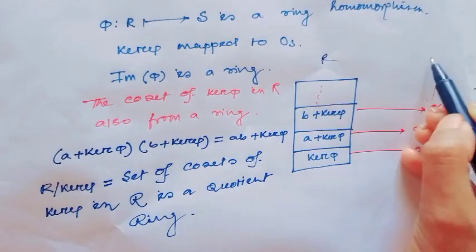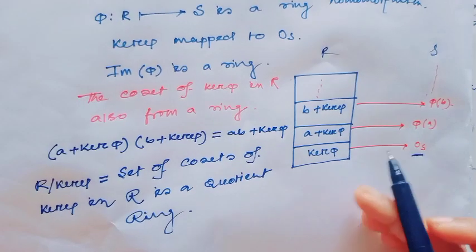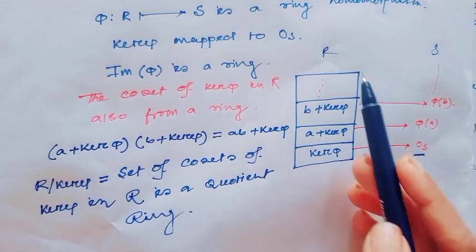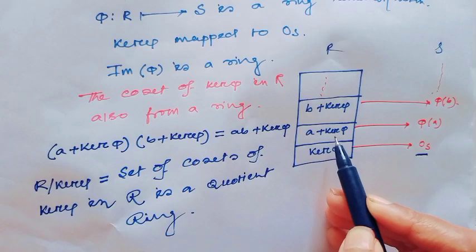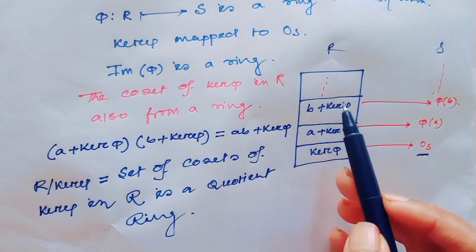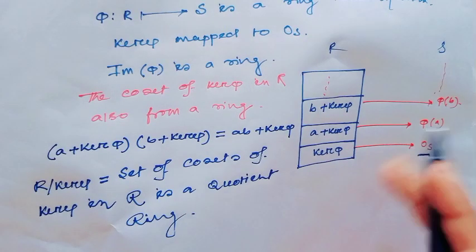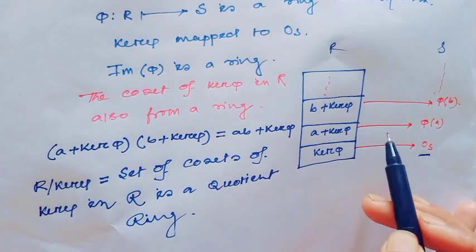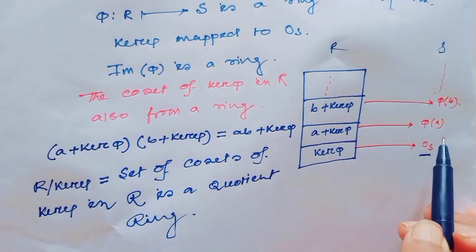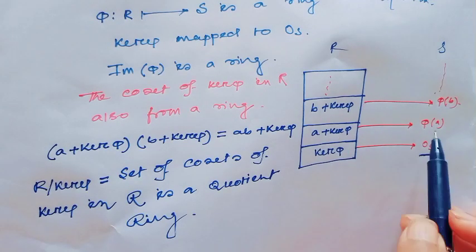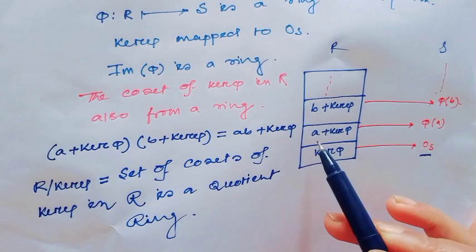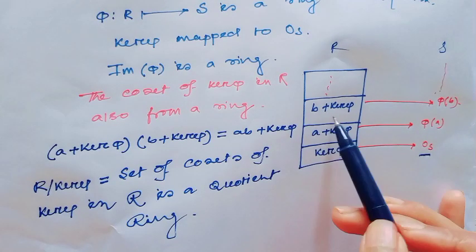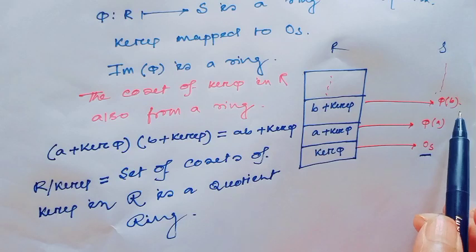Here this is R and this is S. Then the other elements of this ring R are a plus kernel phi, b plus kernel phi, c plus kernel phi, and so on. And a plus kernel phi maps to phi of a, because kernel phi maps to 0. Similarly b plus kernel phi maps to phi of b.